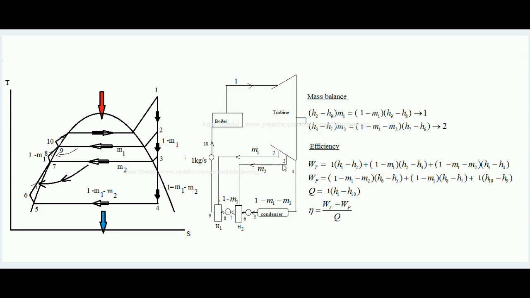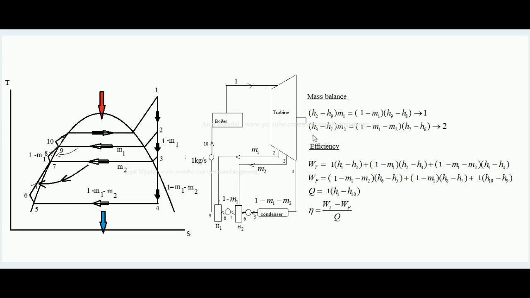Now again m2 amount of steam is coming and it is condensing in feed water heater 2. So the enthalpy dispensed by m2 amount of steam would be (h3 minus h7) into m2. This is taken up by the liquid water of amount 1 minus m1 minus m2, and the liquid water temperature rises from point 6 to 7.